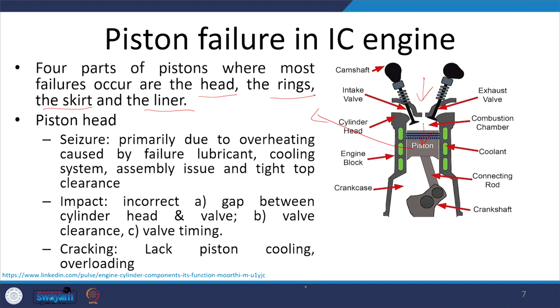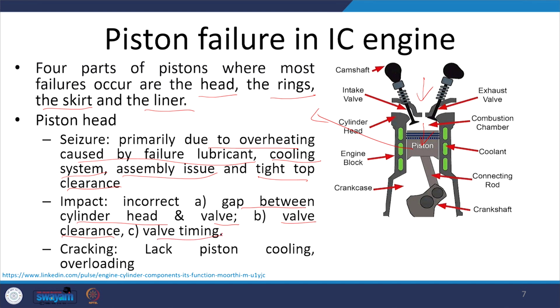The piston head failure can occur in the form of seizure, primarily due to overheating caused by failure of lubricant, failure of the cooling system, or issues with the assembling approach and very tight clearance at the top. Impact can be observed at the top surface due to an incorrect gap between the cylinder head and the valves, wherein the valves hit the top surface of the piston, because valve clearance or valve timing is improper.